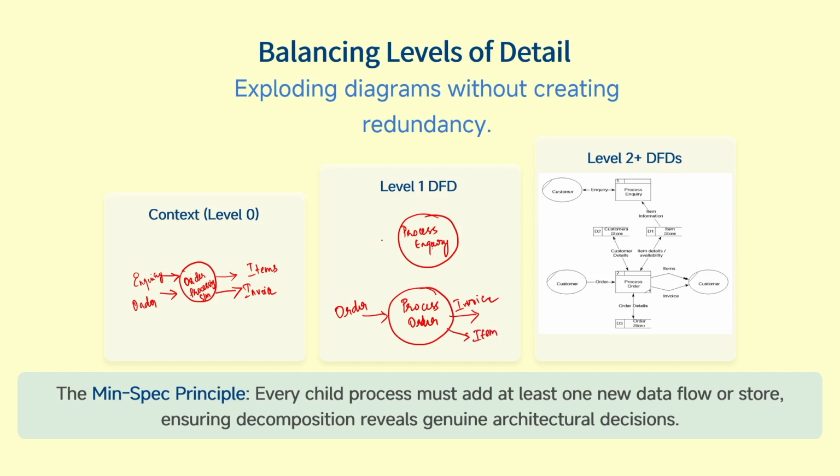If the customer has an enquiry, assume there will be a data store. From the data store, they will inquire and produce a result and you can get the invoice. Okay. So invoice maybe you can connect over here. So this is a level 1 DFD.